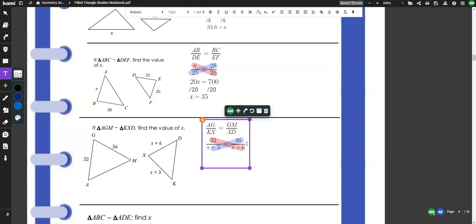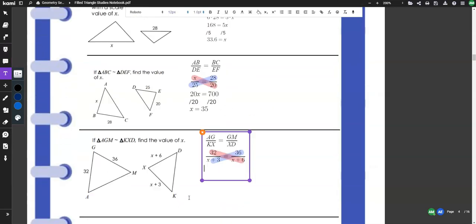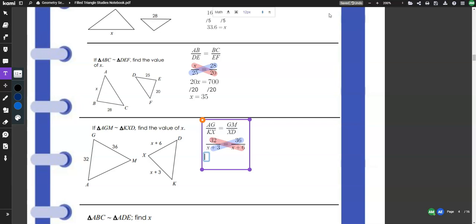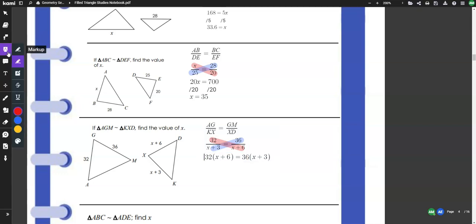And then that means we are going to have 32 times x plus 6 will be equal to 36 times x plus 3. And again, it doesn't matter what order you put your terms. So I am putting the coefficient or the whole number, the constant, in the front because that is technically more correct and looks nicer.